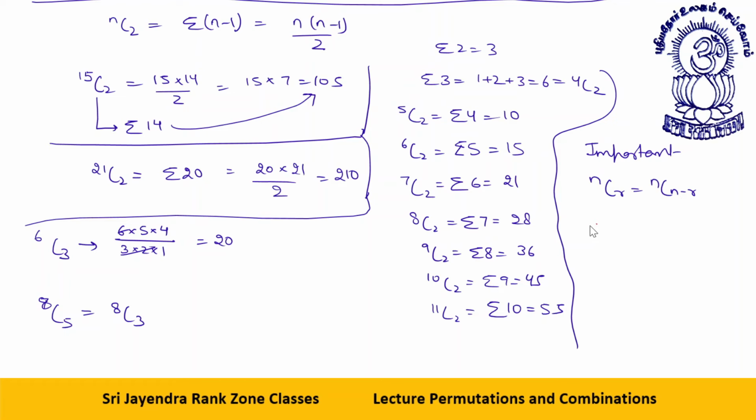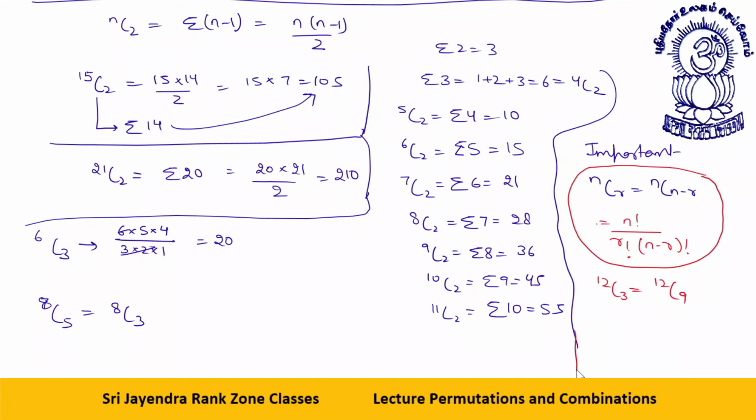nCr is equal to nC(n minus r), which is equal to n factorial upon r factorial into (n minus r) factorial. These are the same things. If I say 12C3, that will be equal to 12C9. Whenever I say 18C5, that will be equal to 18C13. Right now we have 8C5.